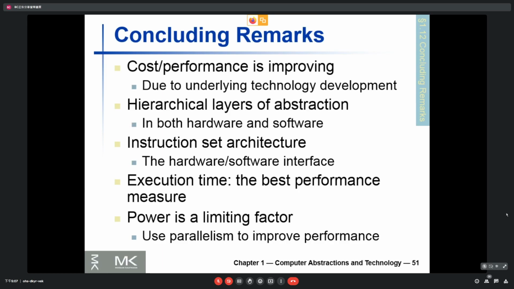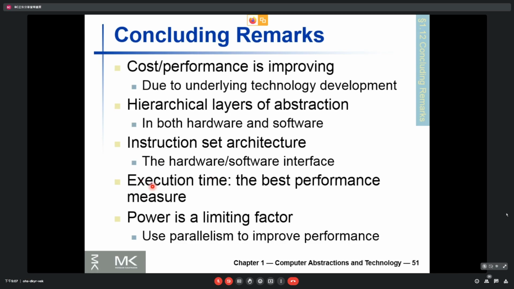Oh, 最后一页。So the concluding remark is, we try to optimize the cost per performance. It's improving because of technology development, and we also talked about hierarchical layers of abstraction in both hardware and software, and we'll talk about instruction set architecture, that's the hardware software interface.